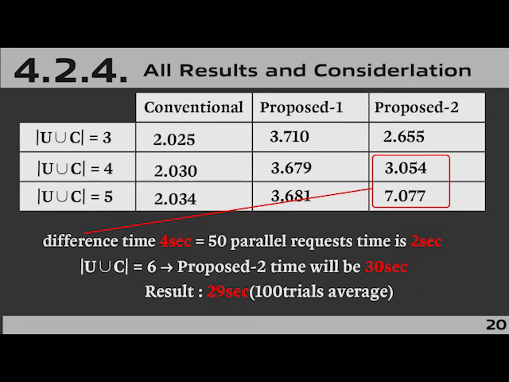Finally, the average processing time for the experimental results is summarized in the table on the slide. Among them, when the number of elements of the search term set in proposed 2 is 5, the execution time is long. We also consider the change in processing time when the number of elements in the search term set is increased.